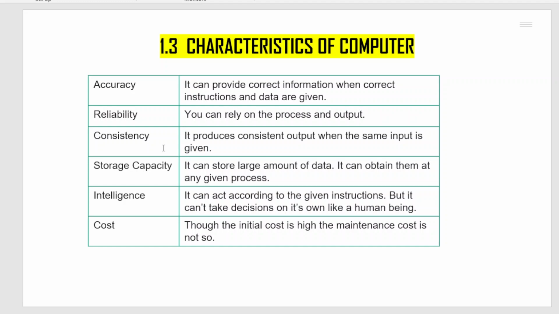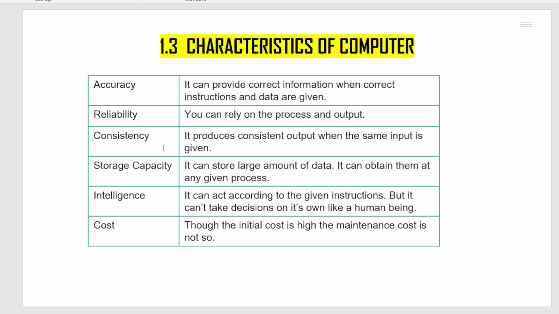But when it comes to a computer, we can be sure about consistent output because it behaves in the same way every time. For example, if you give 3 plus 5 millions of times, the answer is the same every time with the same input and instruction.